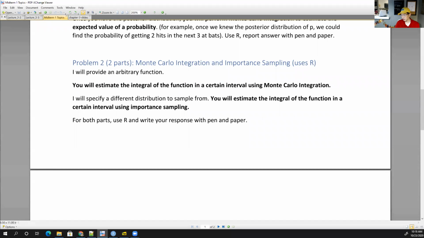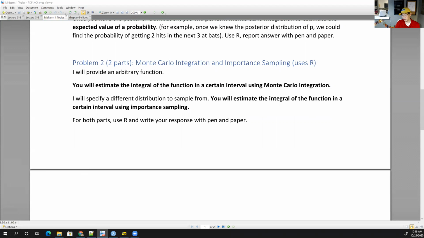For the script, I guess I can write an RMD template where you'll designate where your answers are. Okay, yeah, I'll make an RMD template.